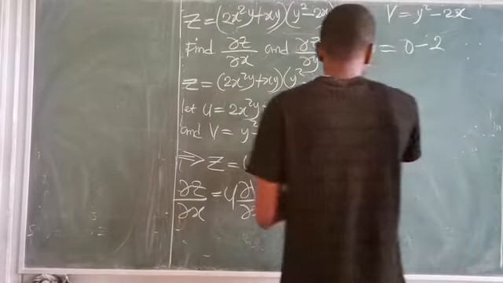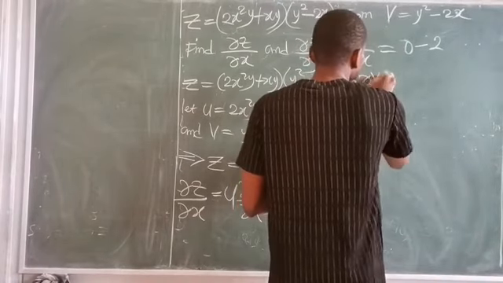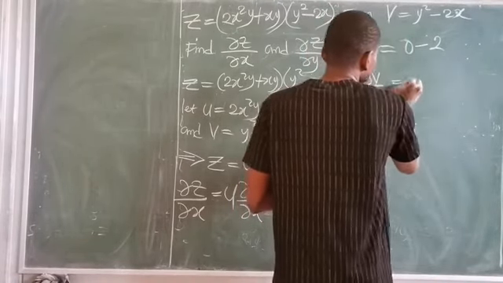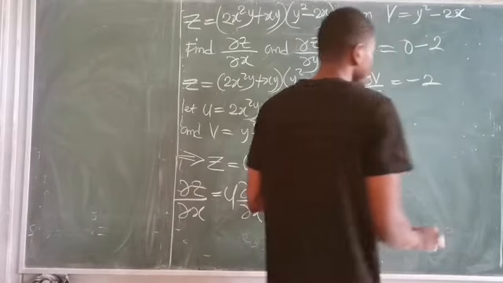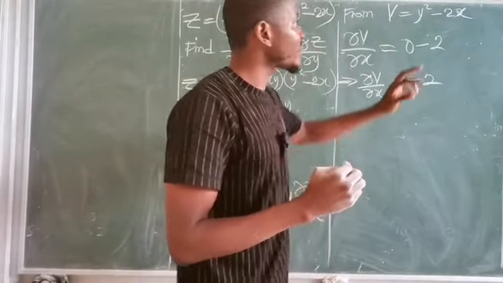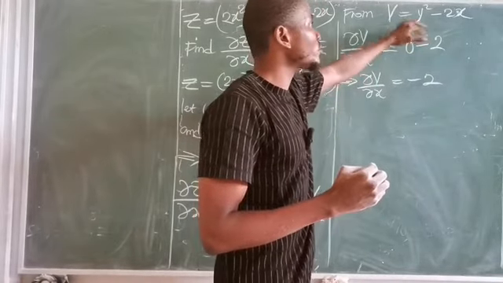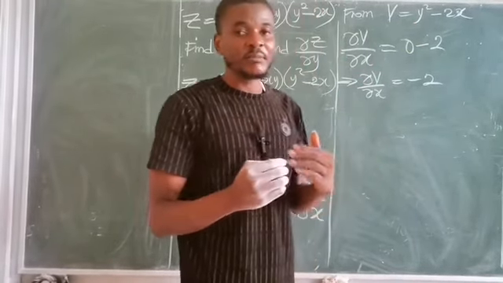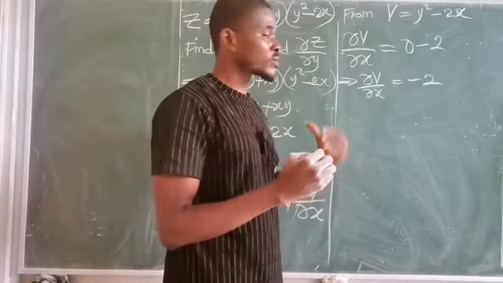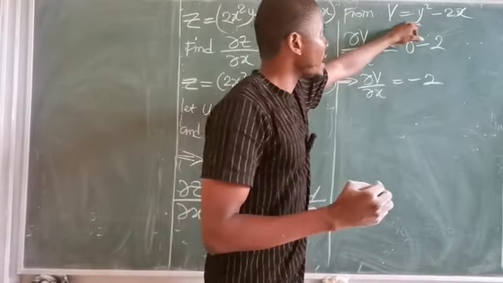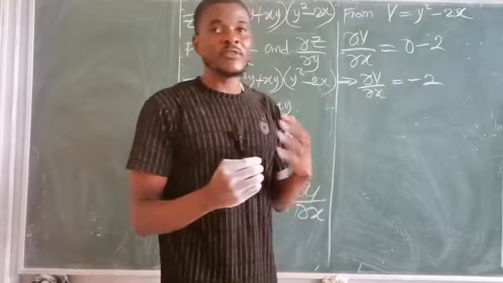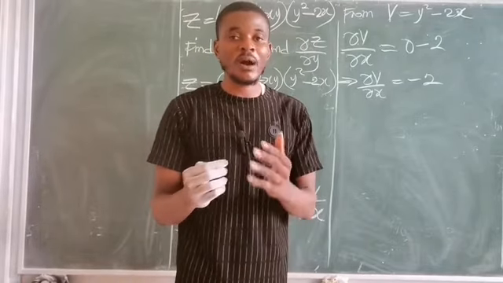So this simply means that dv/dx, partial v partial x, is minus 2. Take note, since there is no x attached to y squared, I'm going to treat y squared as a constant because I am differentiating v with respect to x. And you know in derivatives that if you differentiate a constant, you have 0.